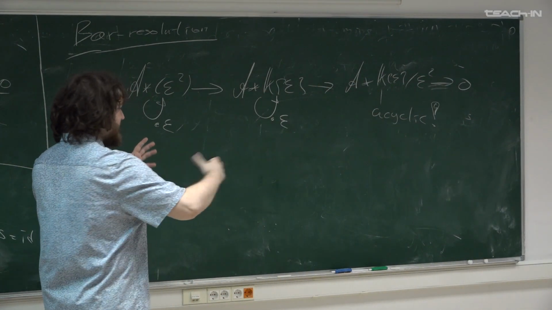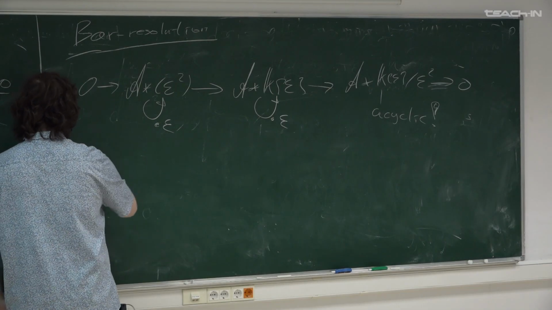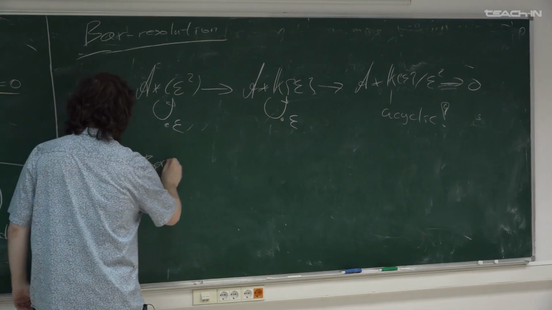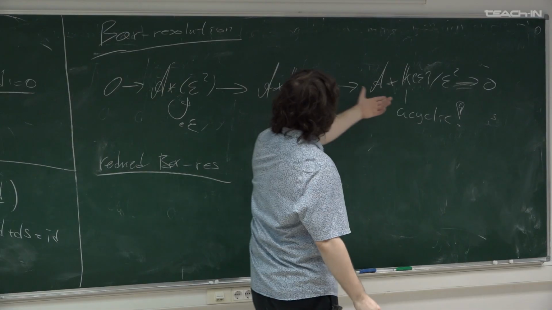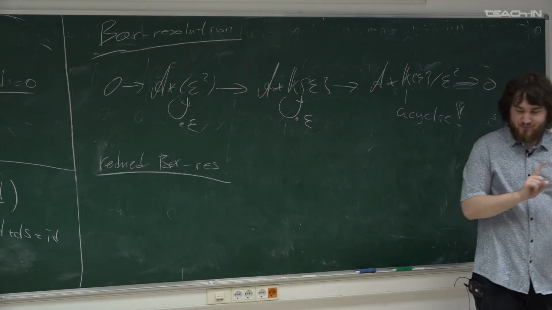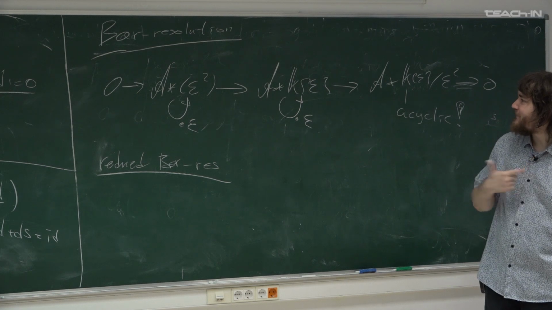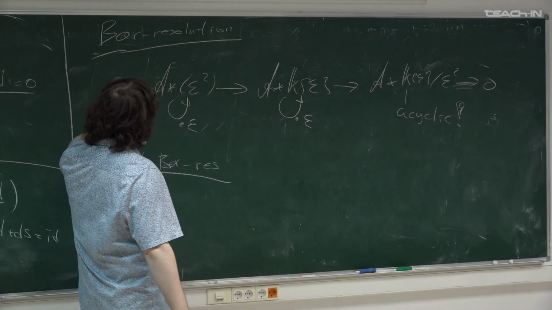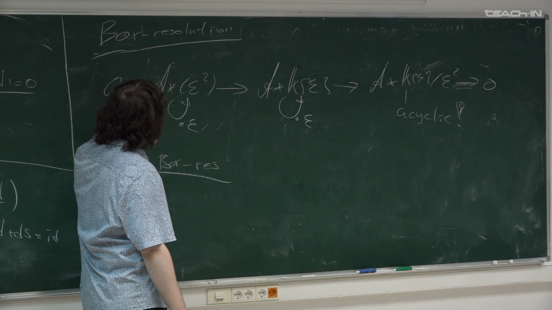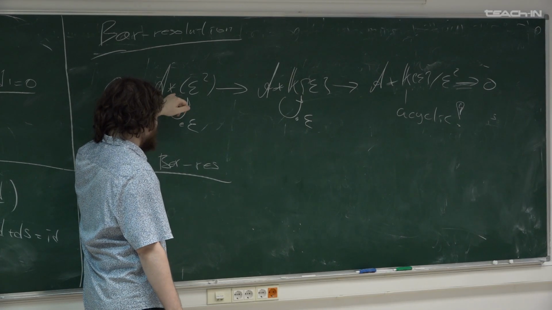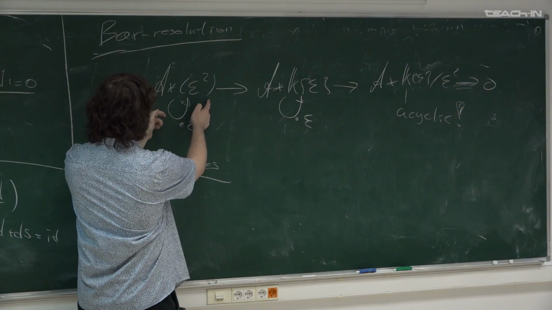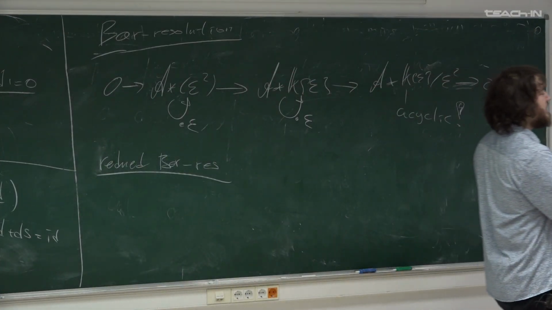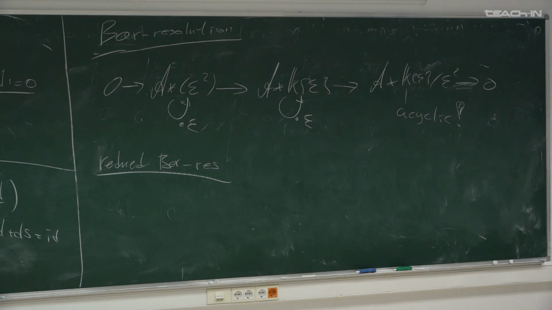What is it in tensor notation? Reduced bar resolution. In tensor or bar notation, what does it mean? As I said before, for example, what is here in bar notation? This means that I need some epsilon squared somewhere in the middle, which means that I need some unit.